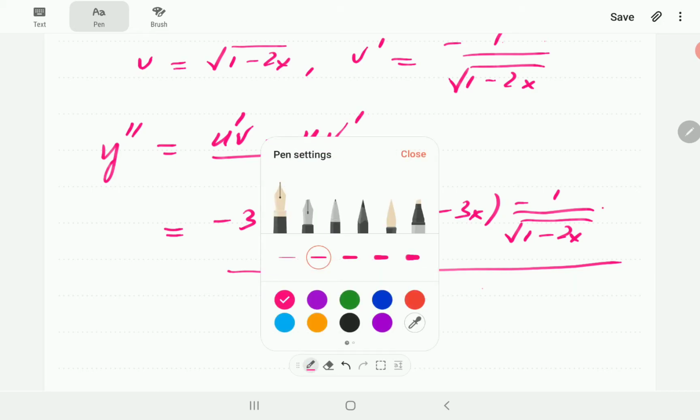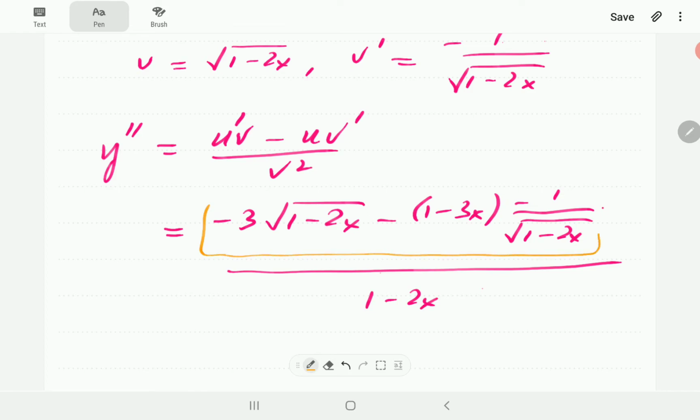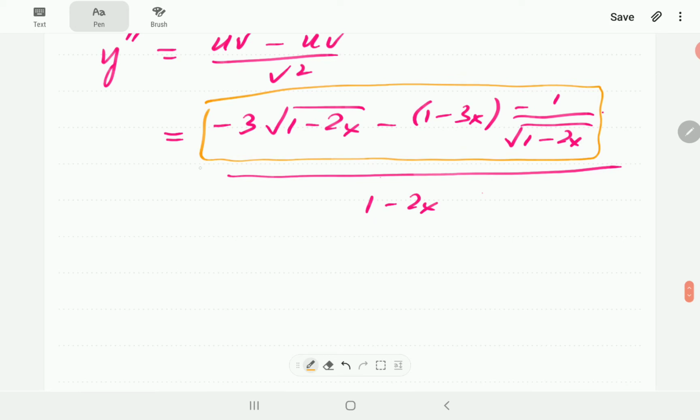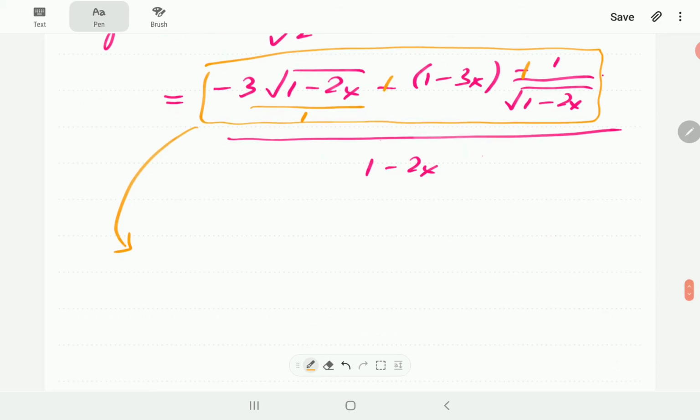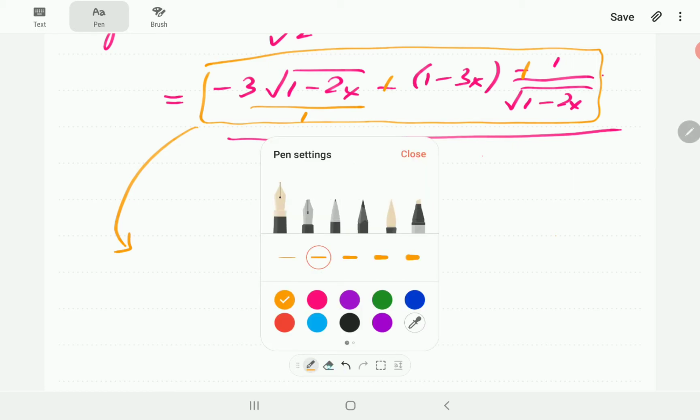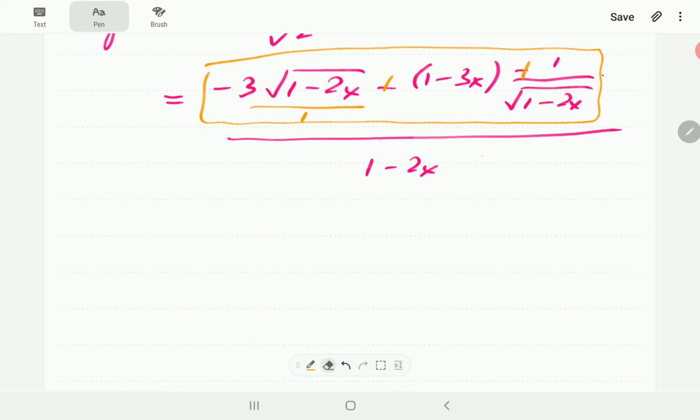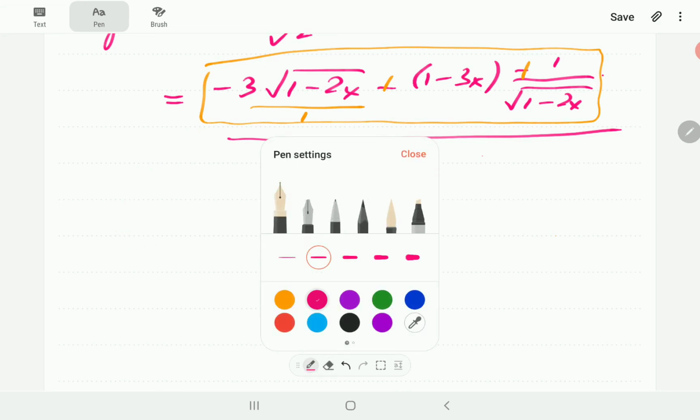And then to simplify this, what we're going to have to do is write this as one fraction. So again, we write this over 1 and then do the LCM. Just notice here, minus and minus is going to give us plus. Let's just do it as part of that main expression.